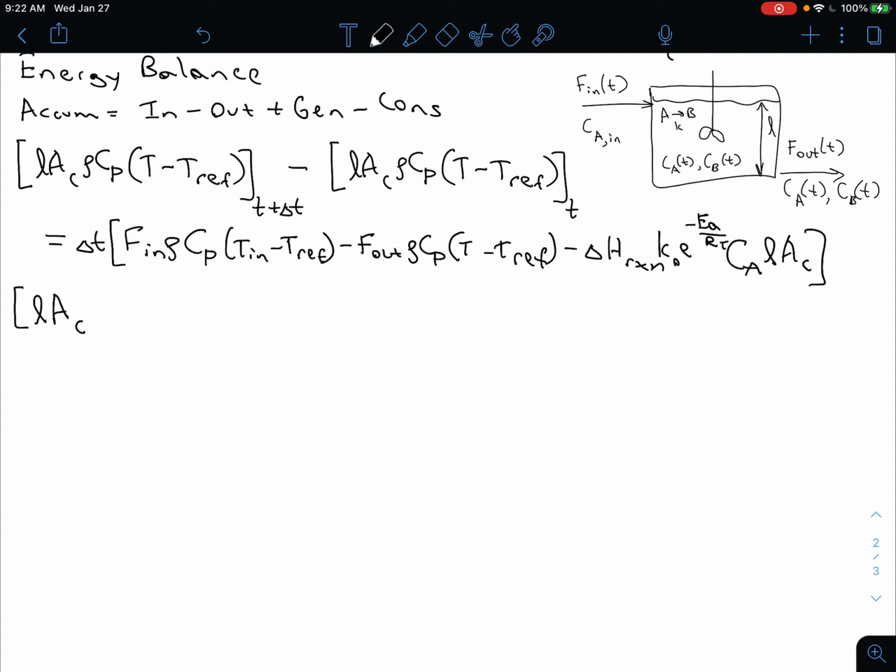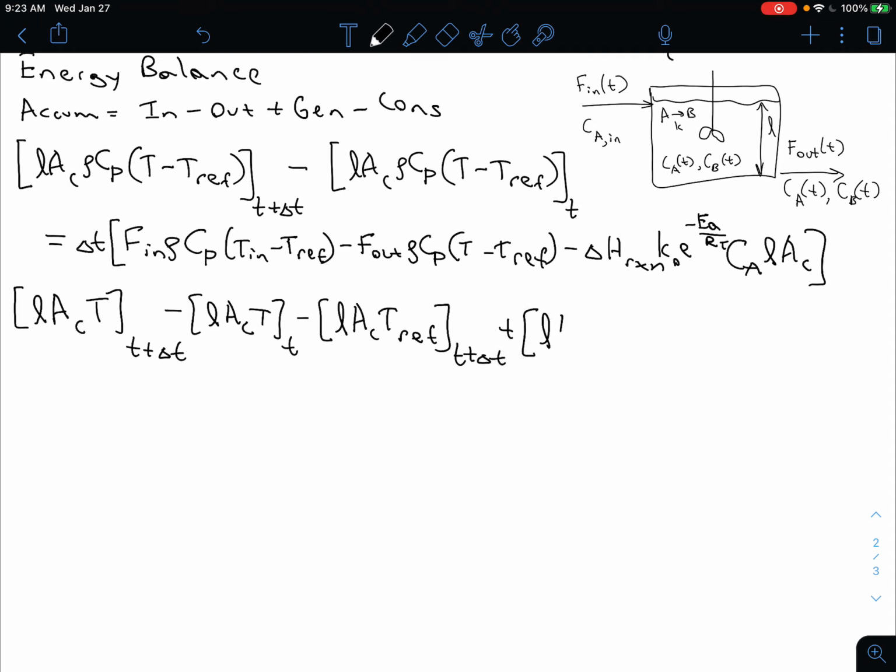So L A_c times T at t plus delta t. I'm going to factor out the rho Cp because it's constant and divide through. Minus L A_c T at time t, minus L A_c T ref at t plus delta t, plus L A_c T ref at t.